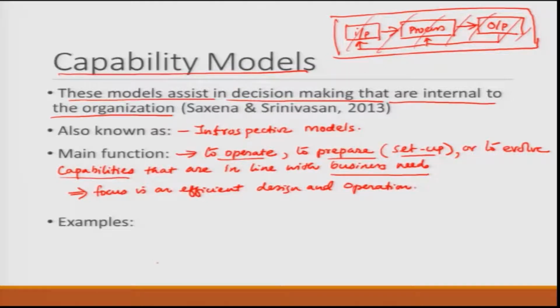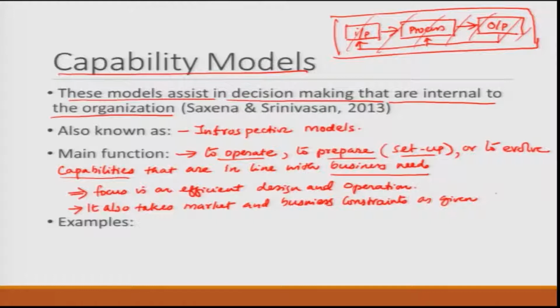And the other aspect is that it also takes market and business constraints as given.